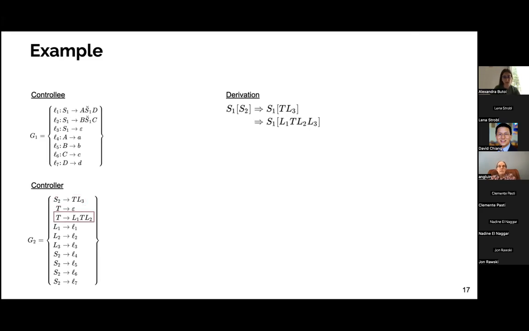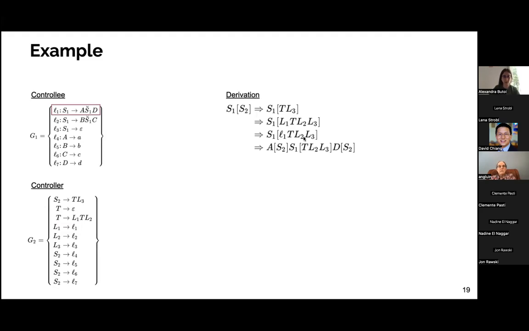Then again, we can apply a rule of the controller. T gets rewritten as L1 T L2. And then L1, again, is rewritten as small l1. And at each point, we can delete the leftmost terminal symbol of the controller and apply the rule with the same symbol. So in this case, L1 is deleted.